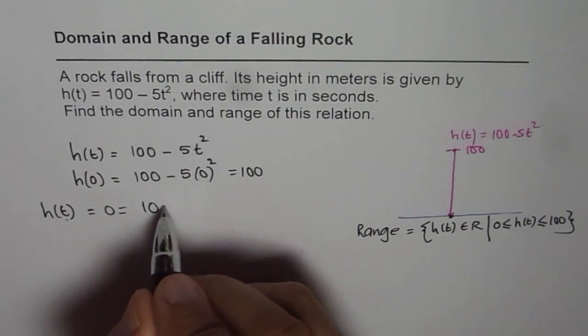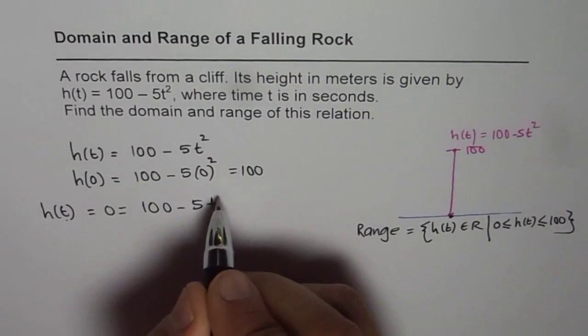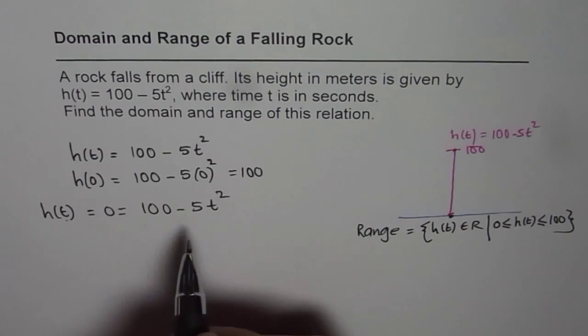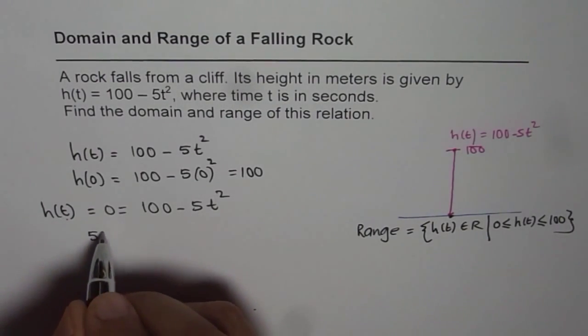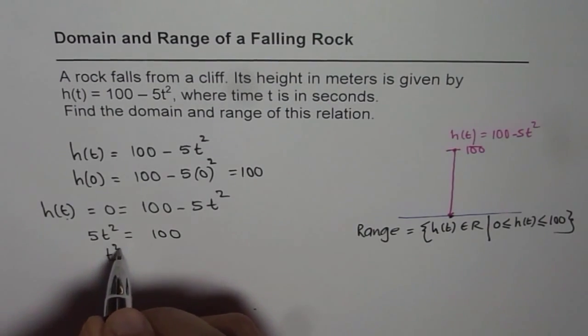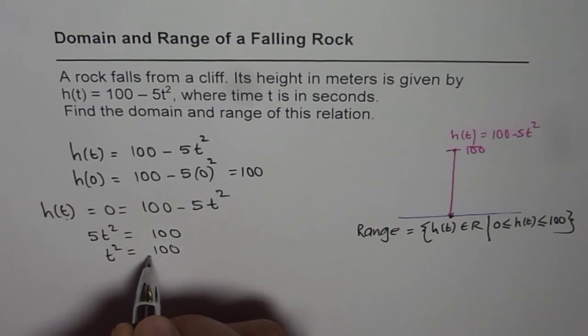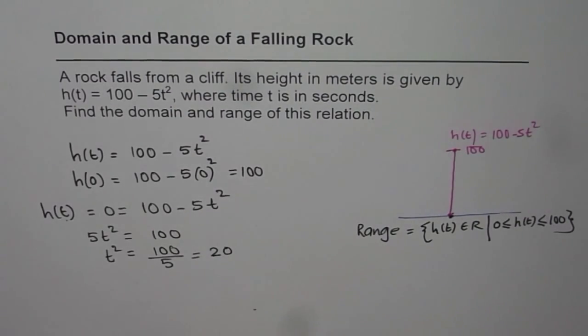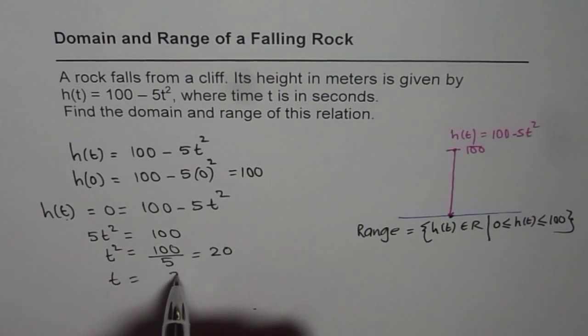So we have 0 = 100 - 5t². So we'll solve this equation now. To solve this equation, we can take 5t² on this side, equals 100. Dividing by 5, we get t² = 100 divided by 5, which equals 20. And so t equals plus or minus square root of 20.